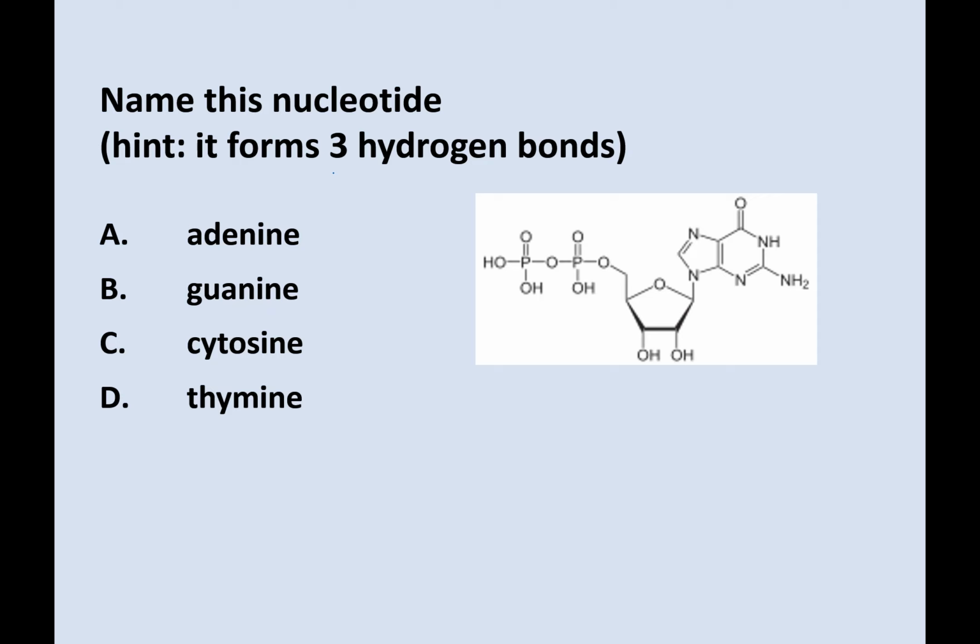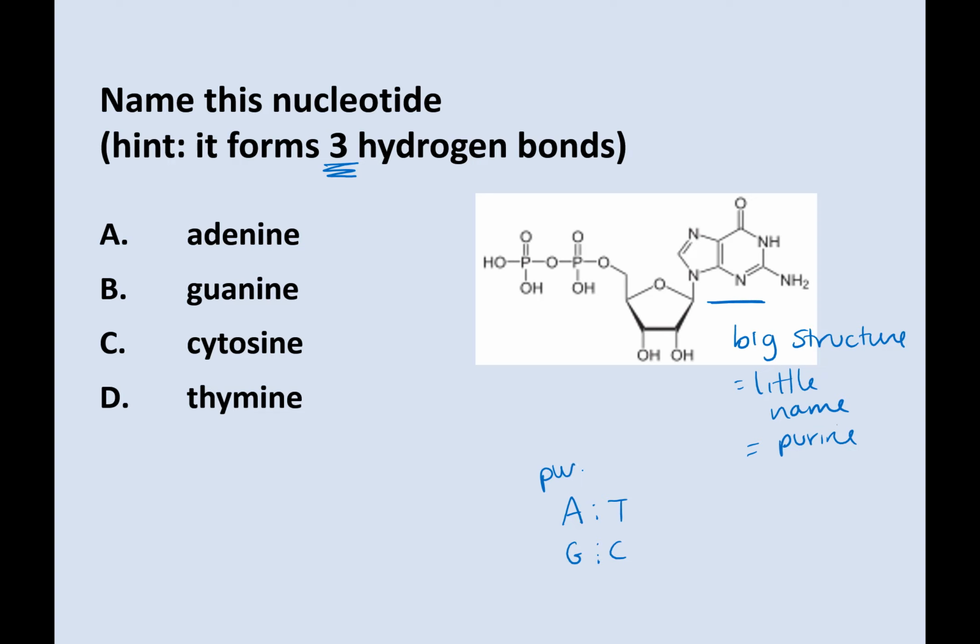Okay. So it forms 3 hydrogen bonds and it has a big structure. So big structure equals little name. That means it has to be a purine. Okay. And if it makes 3 hydrogen bonds, we know that A and T make 2, G and C make 3.